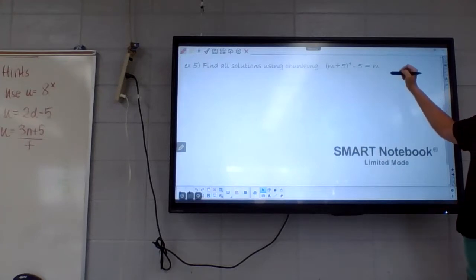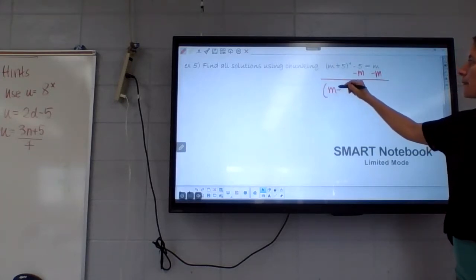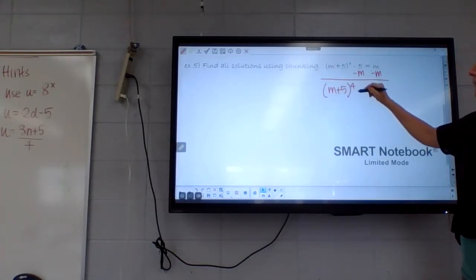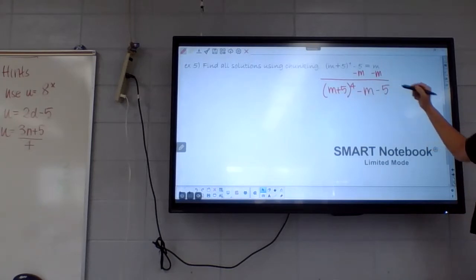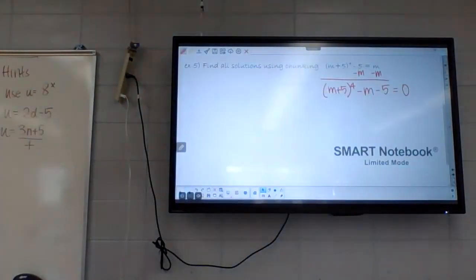So to make this equal 0, I'm going to move this m over. So this should equal 0. And this one's a little bit tougher to notice what the chunk should be.